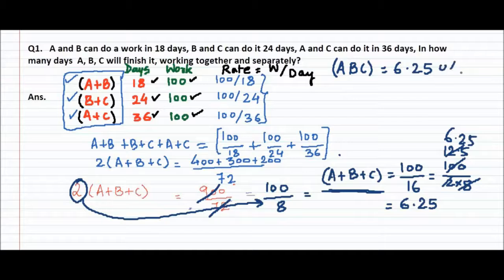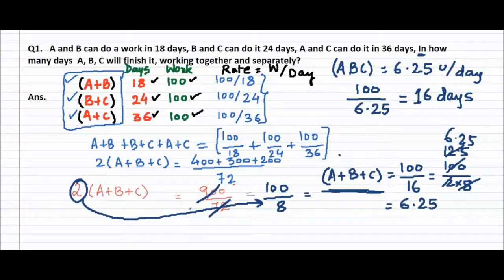So units per day. Now what is the total work they will have to do? That is 100. So 100 divided by 6.25 and I will get 16 days. And that is your answer for this first question, where they ask in how many days A, B, C will finish it. So in 16 days they will finish it.